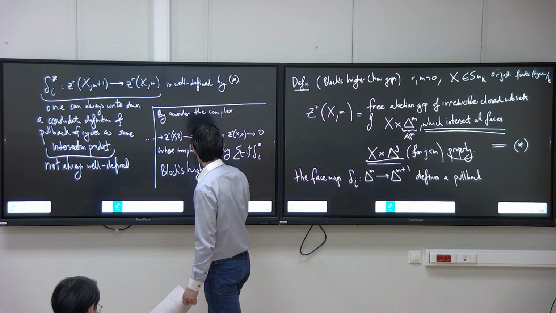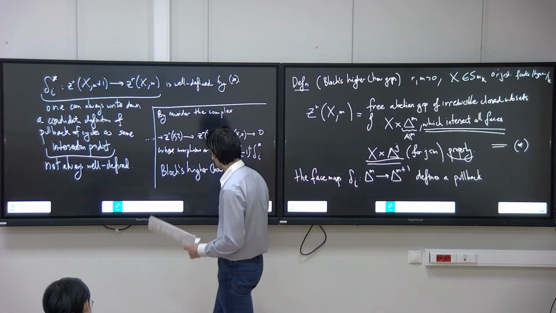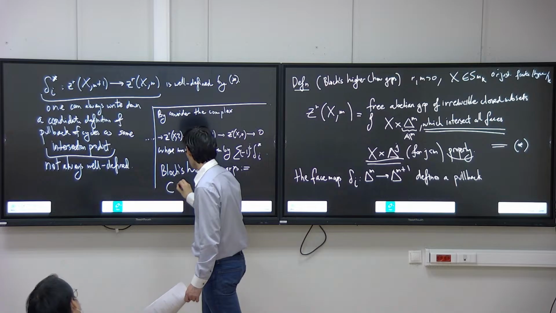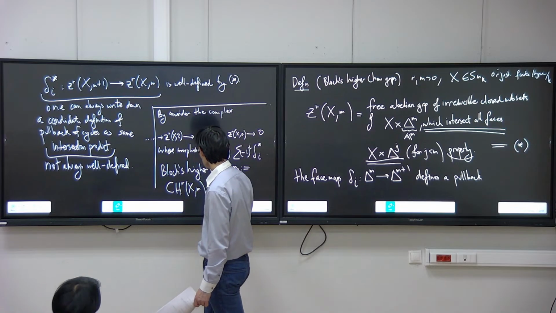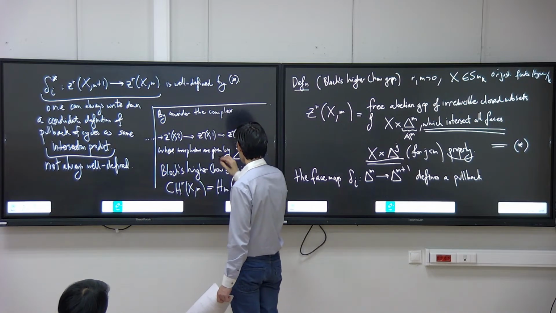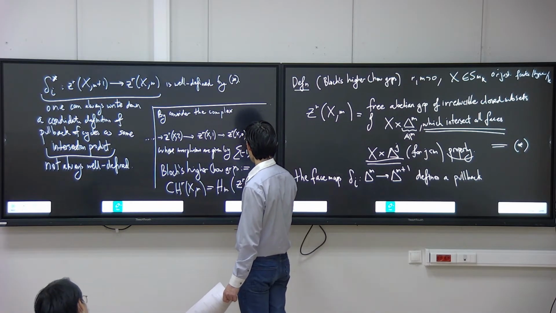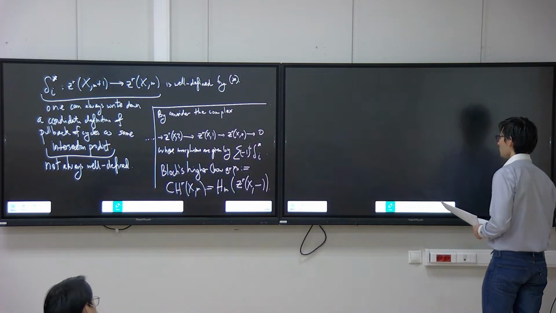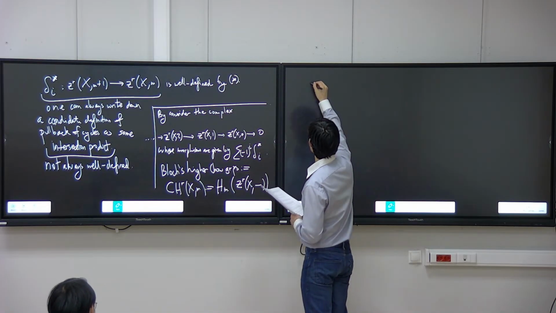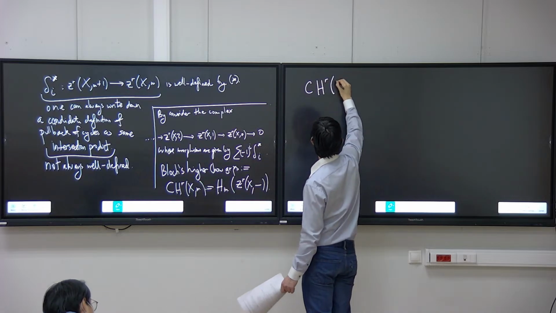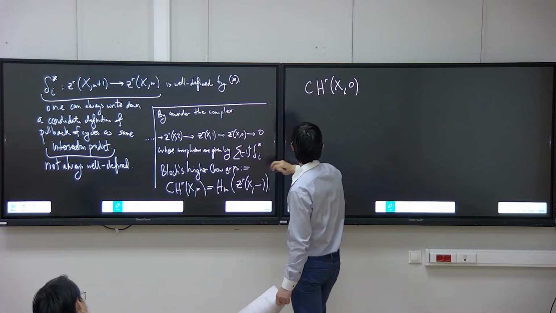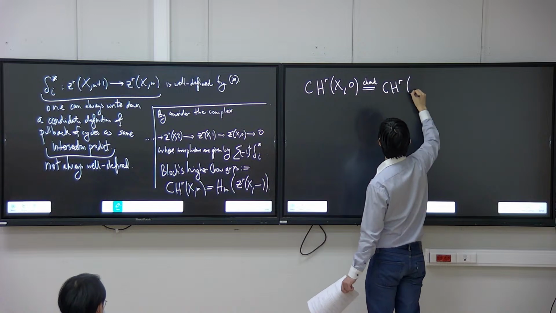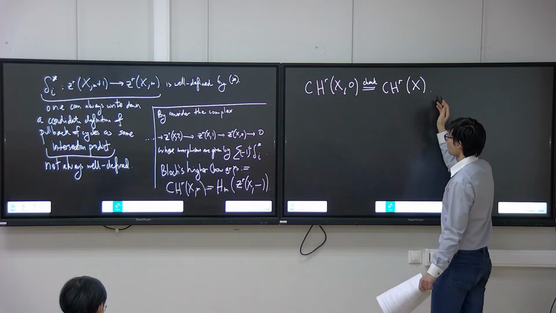Bloch's higher Chow groups are defined to be the homology of this complex: CH^r(X, m) is the m-th homology of this complex of Z^r(X, •). And let me just finish by saying that CH^r(X, 0), the cohomology at this spot, is equal to the usual Chow group at the r-th codimension.